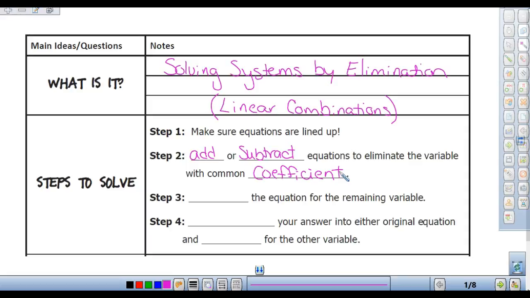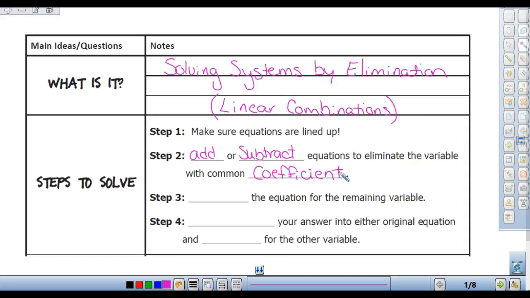It's a part of, if I have 5x, there's a coefficient that's part of this. What's my coefficient? 5 is my coefficient. All it is the number that's hooked onto my variable. Okay? So not even crazy. All it is we want a common or the same coefficient, the same number hooked onto my variable.